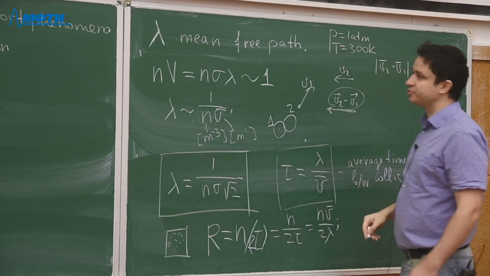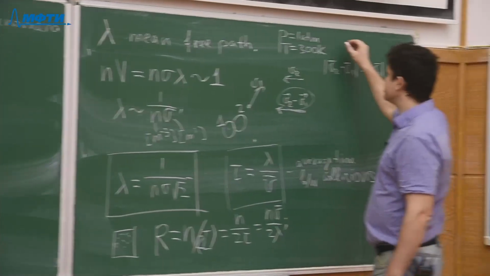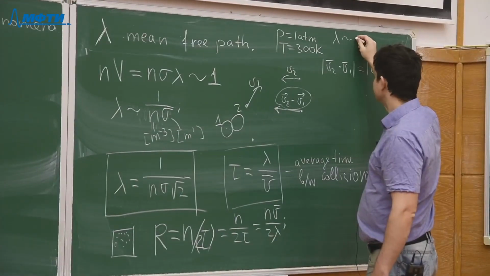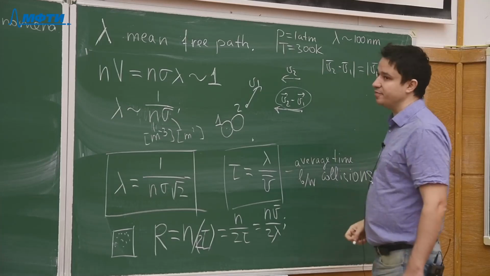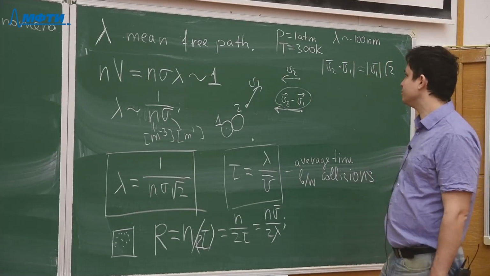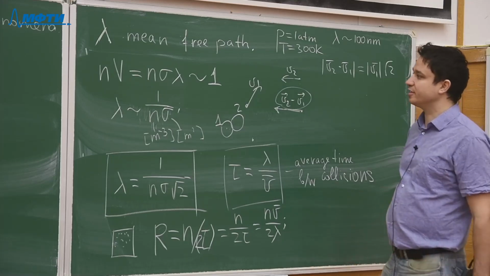I'm not going to reproduce all of these calculations, but you just need to know that lambda in this case is approximately equal to 100 nanometers. It can be 60 nanometers, 90 nanometers, 120 nanometers, depending on the molecular weight and the molecular size.